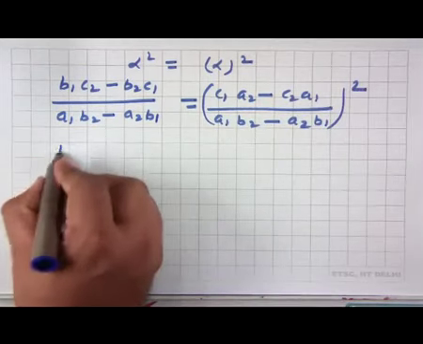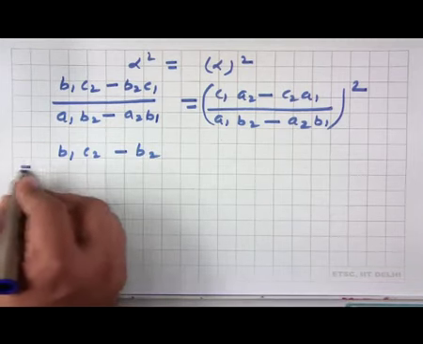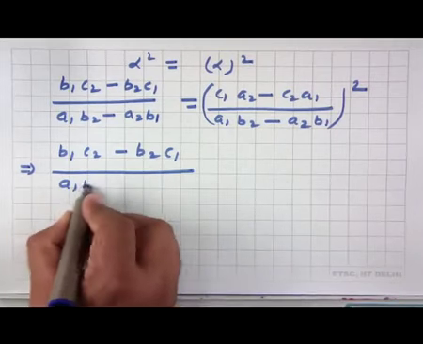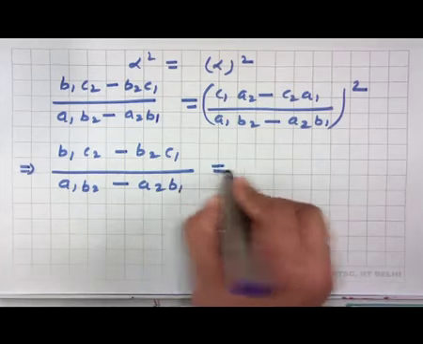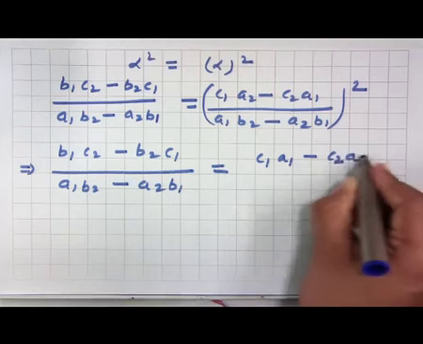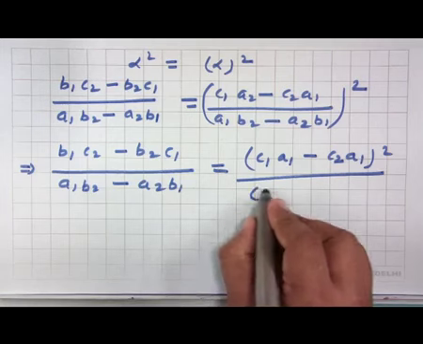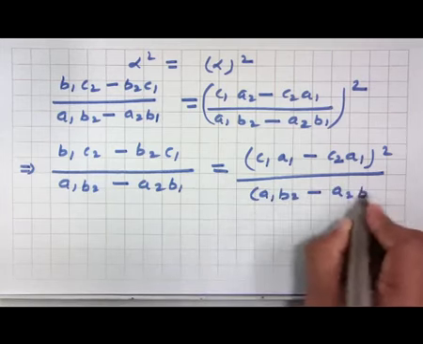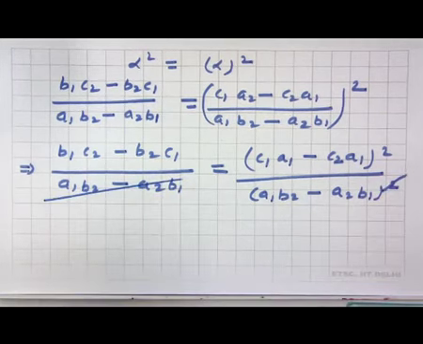Now it will be b1 c2 minus b2 c1 over a1 b2 minus a2 b1 equals c1 a2 minus c2 a1 to the whole square over a1 b2 minus a2 b1 to the whole square. Now one factor of a1 b2 minus a2 b1 will be cancelled out.